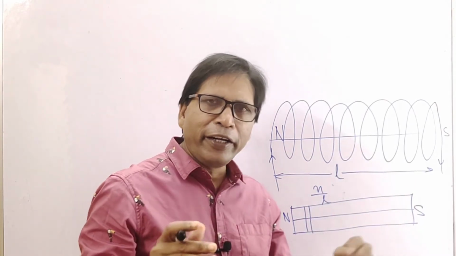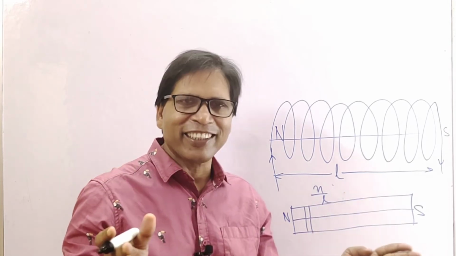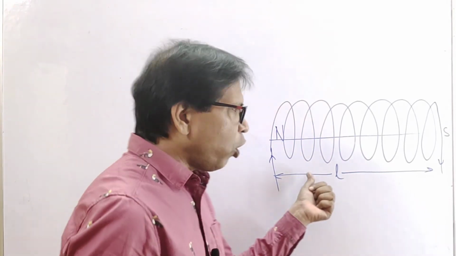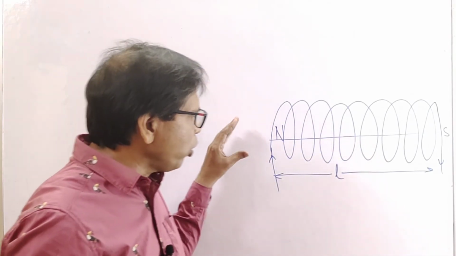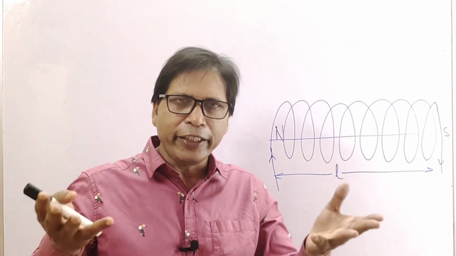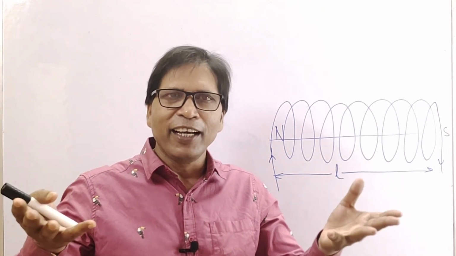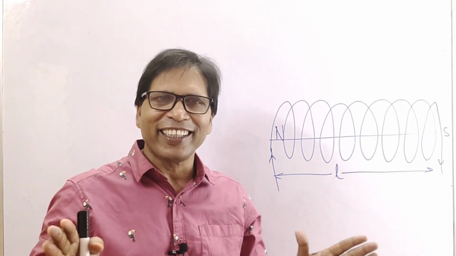A solenoid can be made in different shapes, but the shape of a permanent magnet remains fixed. This is also called an electromagnet. If an iron core is placed inside the solenoid, then its strength becomes very large, and it behaves as an electromagnet.